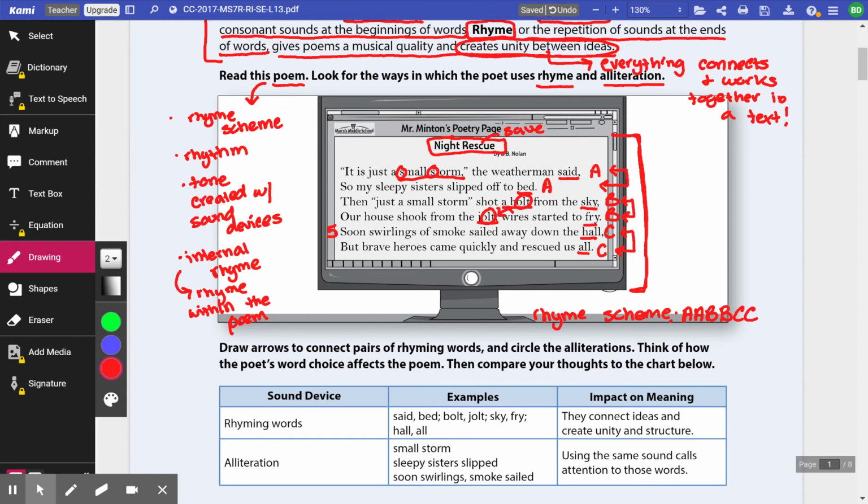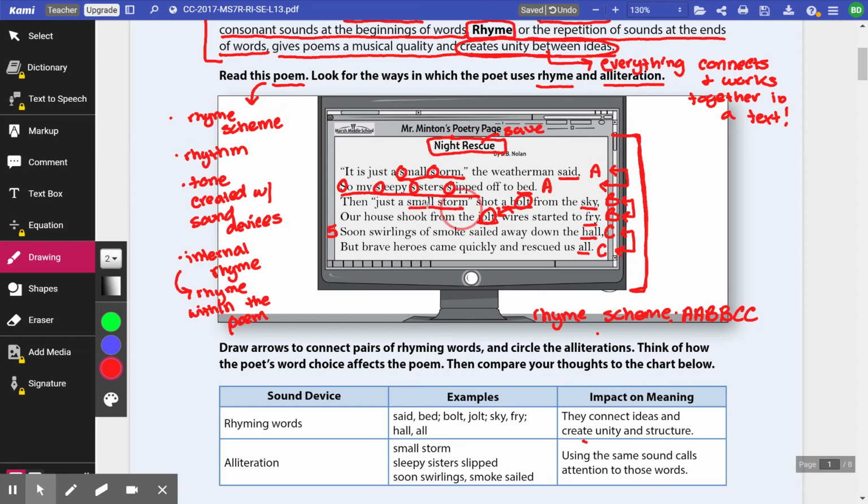In line number 2, so my sleepy sister slipped. That's another example. So, sleepy, so my sleepy sister slipped. That's one example. And in line number 3, it repeats small storm.